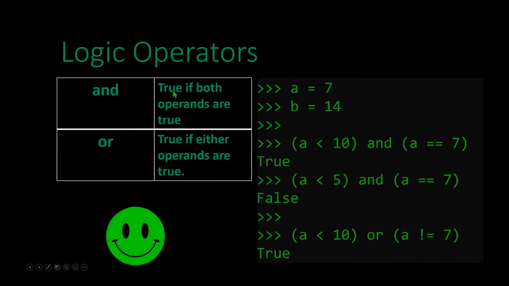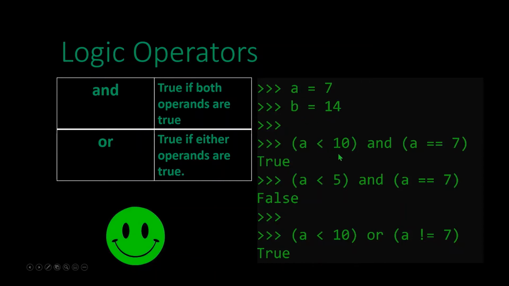Logic operators are also extremely important. We have our and and or operators. The and operator is true if both operands are true, and the or operator is true if either operand is true. So let's look at what that means in an example. Let's say we have two integer variables, a and b. A is equal to 7, b is equal to 14.